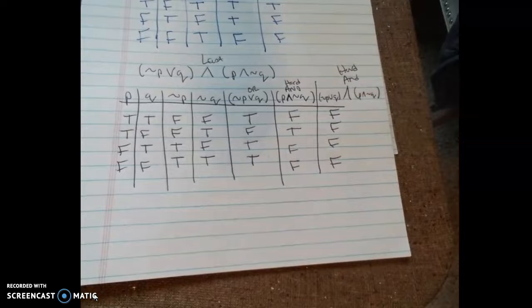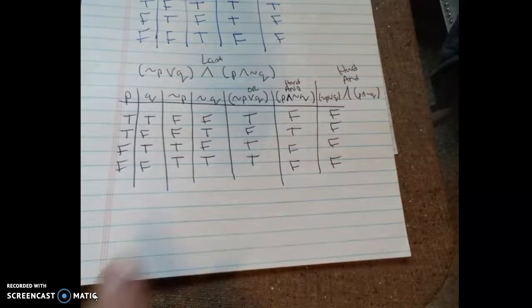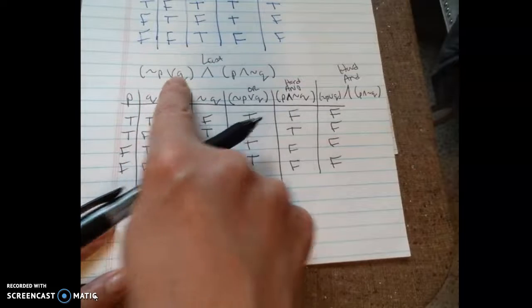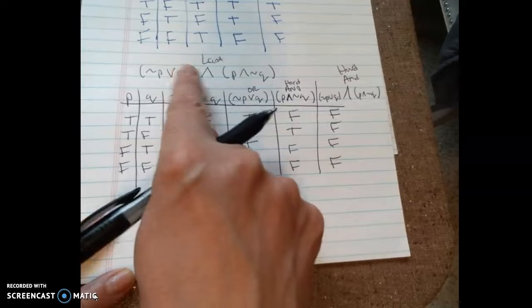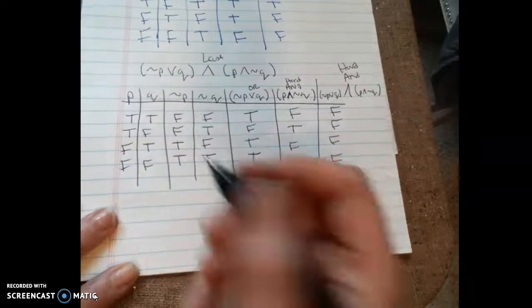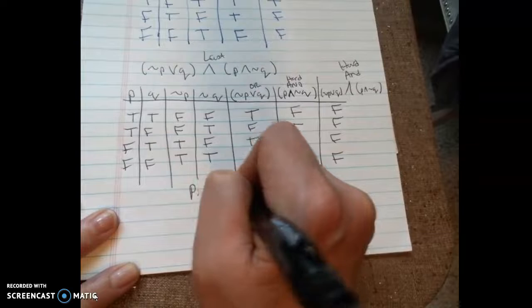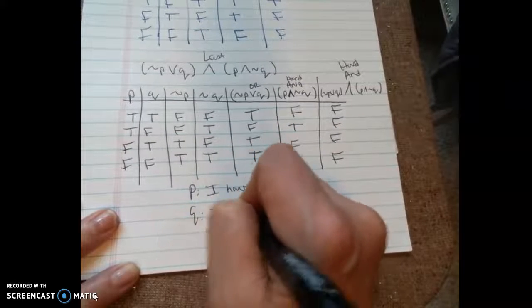Now, the cool thing about truth tables is I don't even have to know what the statements are. So for example, on this, it's saying not P or Q. And then P and not Q. And then I want the and in between those. All right. So say P is I have a PhD and Q is I have a dog.